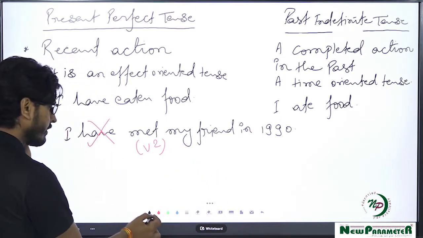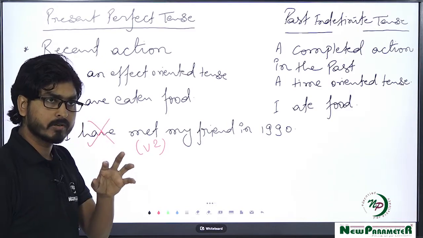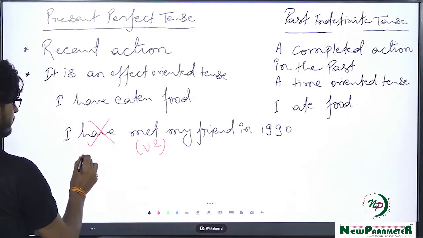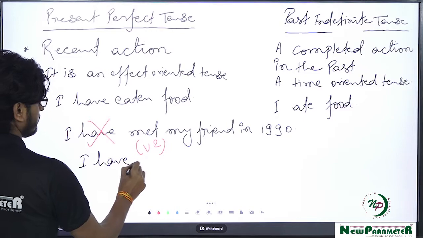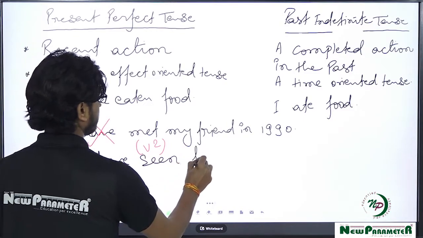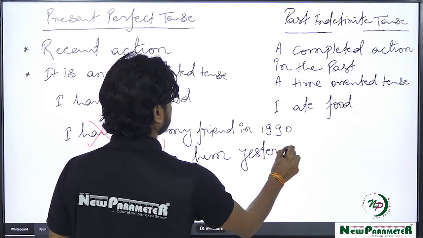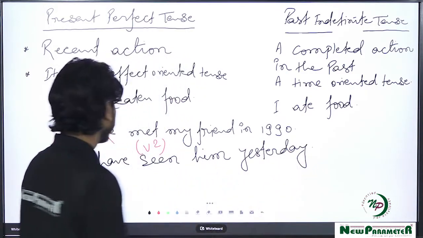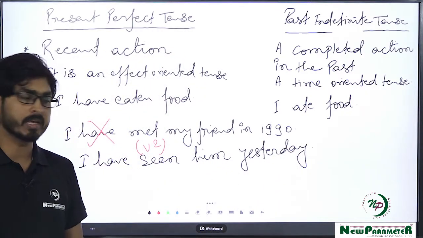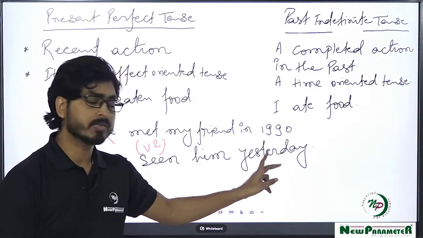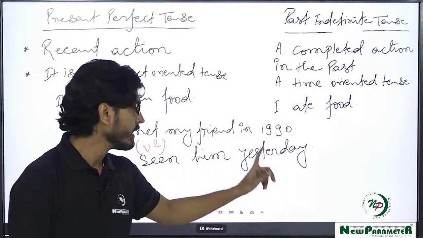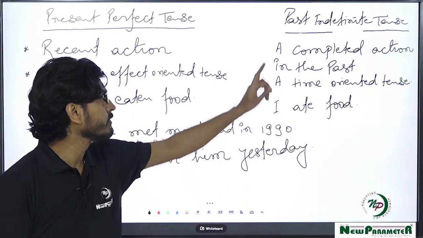I'm just giving you another example which was asked in your examination. I have seen him yesterday. Once again, yesterday is also a past time, and a past time is always used in past indefinite.